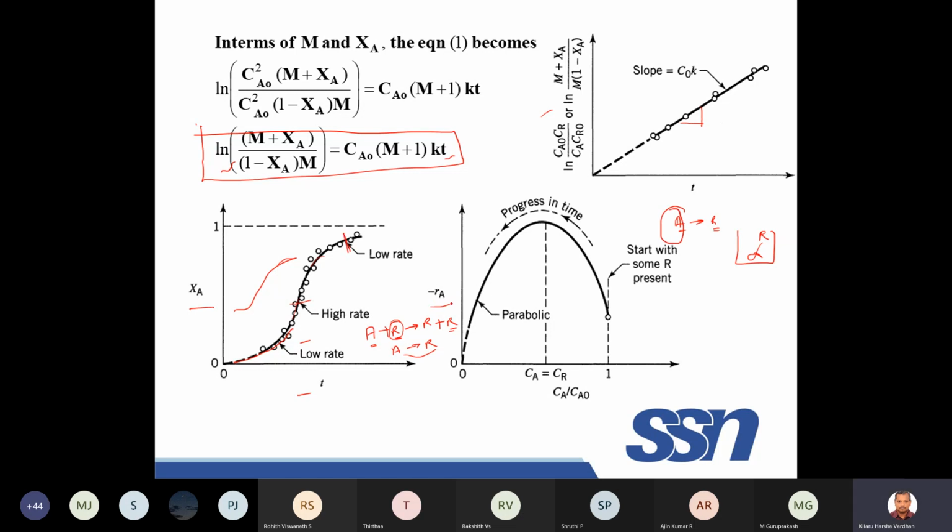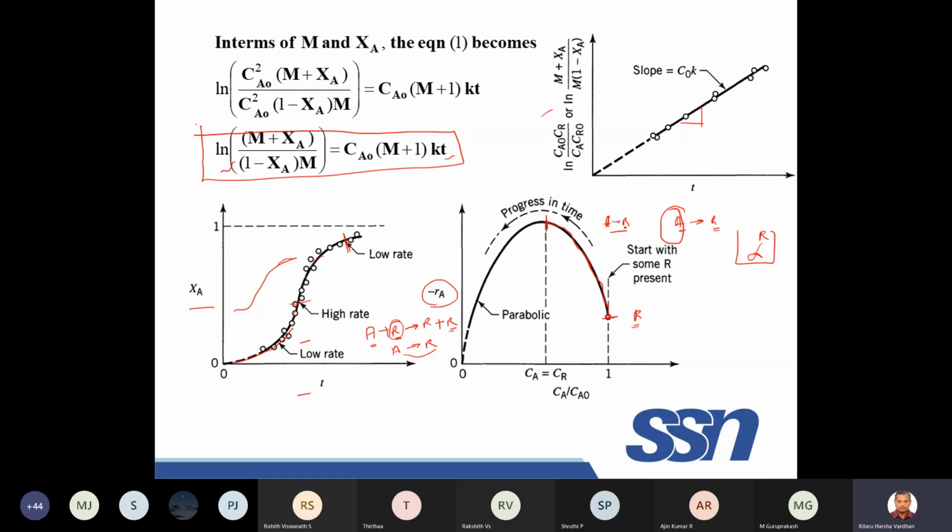And if you draw the rate of reaction with this particular thing, you start with R, because some R should be present. The rate will go on increasing till a maximum, and then the rate starts to decrease as A is consumed.